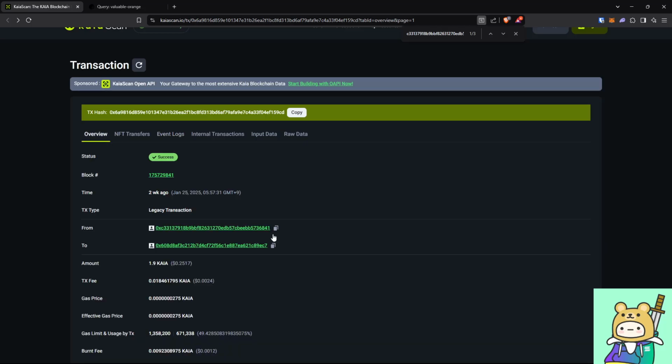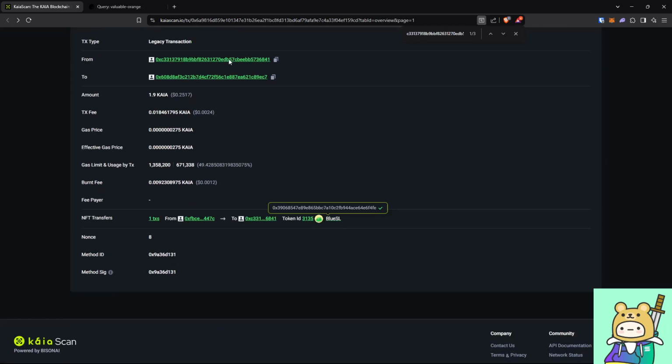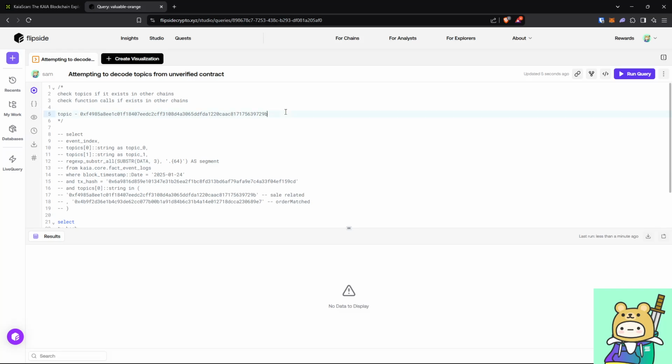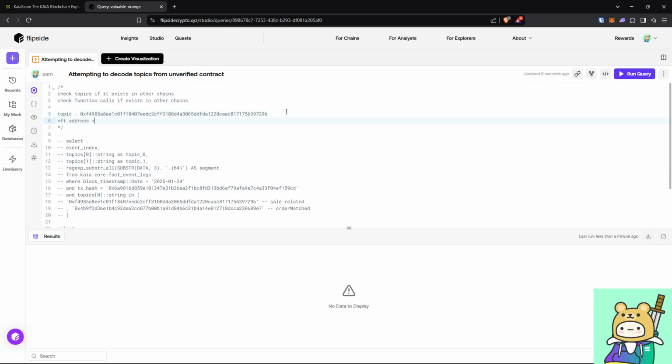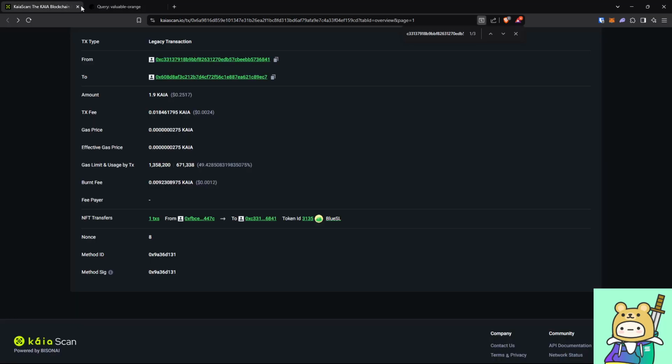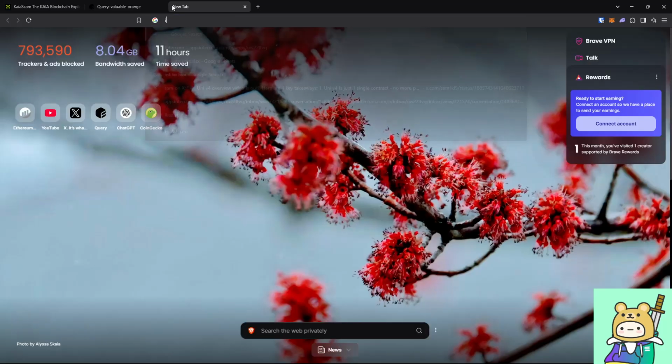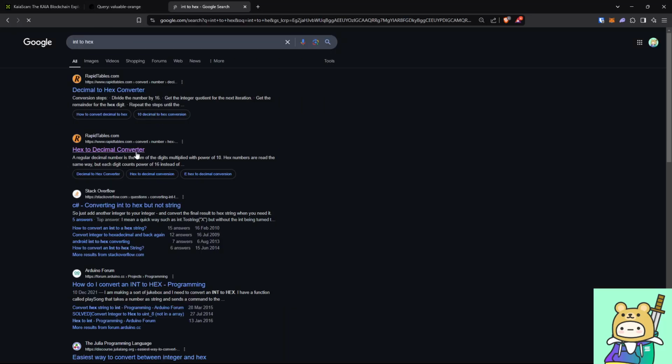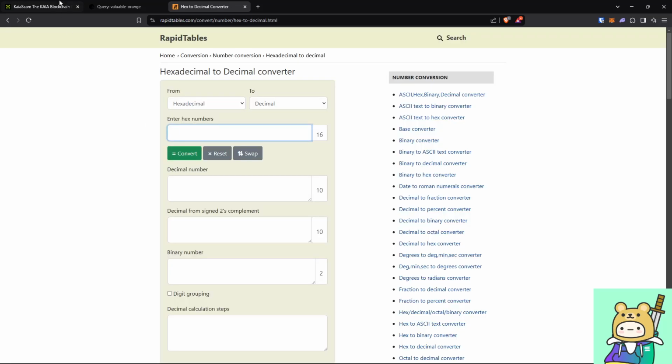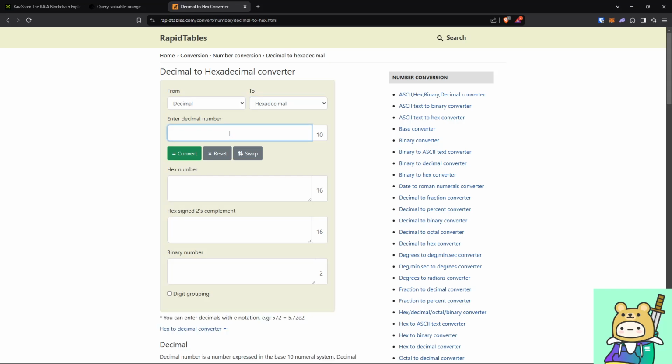In the meantime, we can start to do two things. One is we can copy the NFT address. So let's just copy this and say NFT address is. You can copy the token ID 3135, convert it to hex. The reason why we are converting into hex is because in the data field it will be a hex value, and after converting the hex value to integer, it will be the token ID, so we just need to do it the other way around to get the hex.